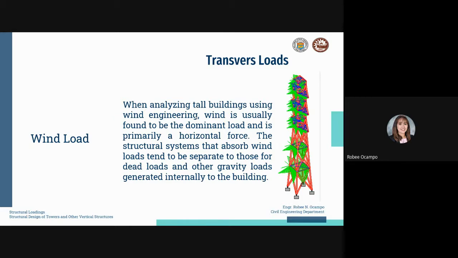Kung ano yung nasa paligid niya, it may be located in an urban or suburban place, or is it located in an open area or an open area near the shoreline, no? So those are the factors. The topography itself, kung located din siya sa bundok or located ba siya sa flat surface. We also have the occupancy or kung ano yung use ng structure mo, di ba? And of course, kung ano yung shape. The shape is also a great factor in calculating wind loads. But we'll go on later on to the wind load.